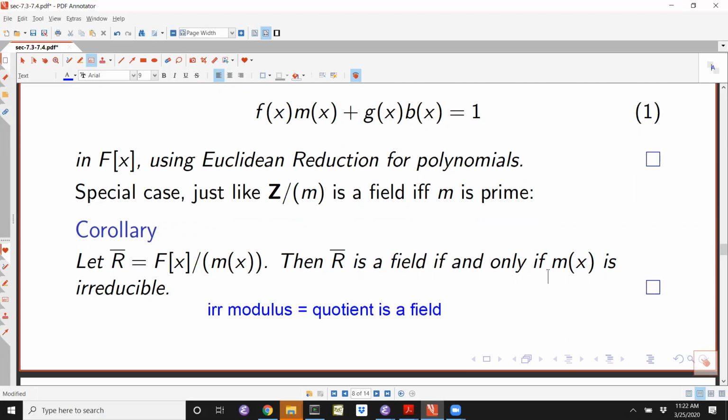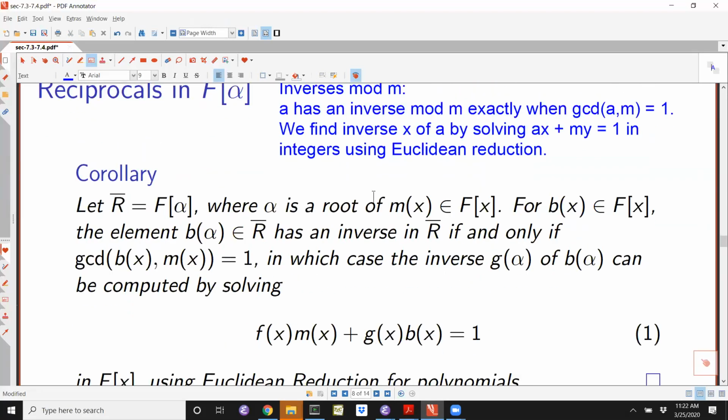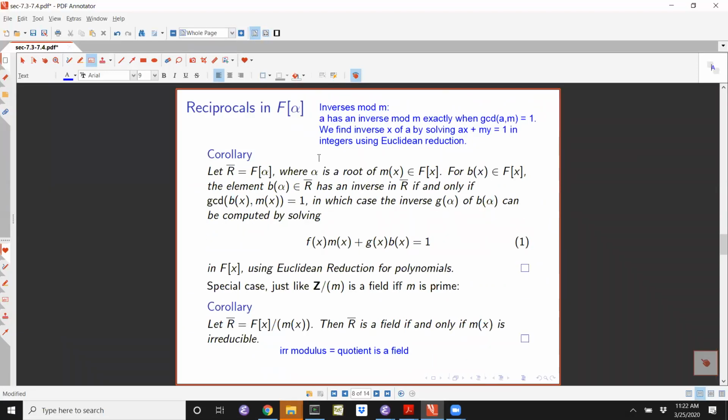So the situation looks more complicated. It is more complicated, even calculationally, as we'll see. But the point is, this is something I always like to say: if you really understand the integers, then you'll understand polynomials.